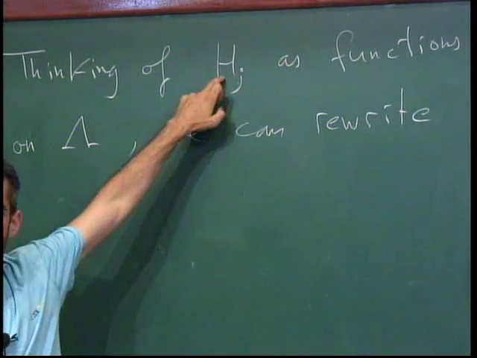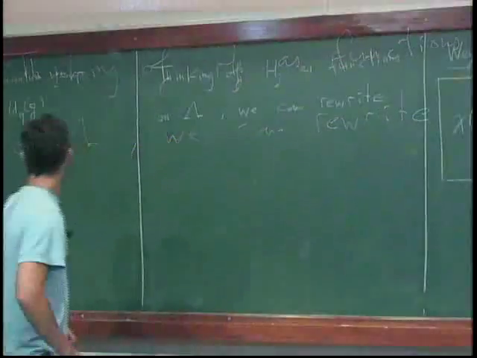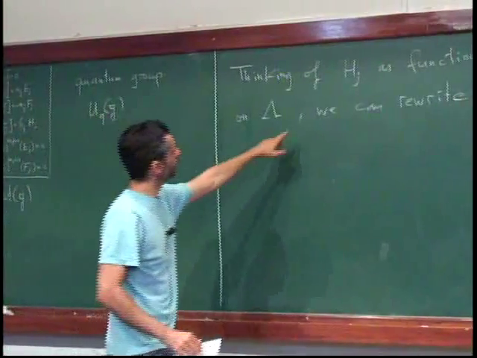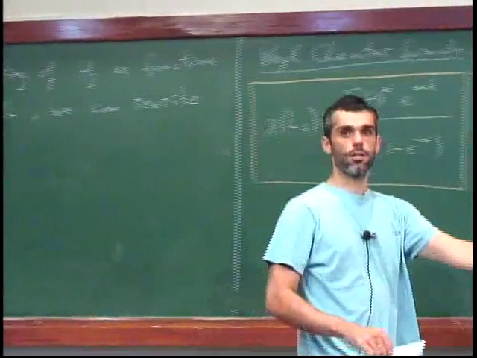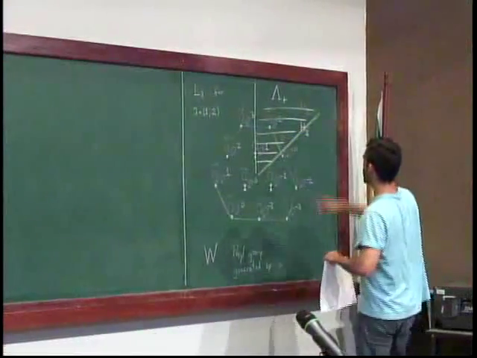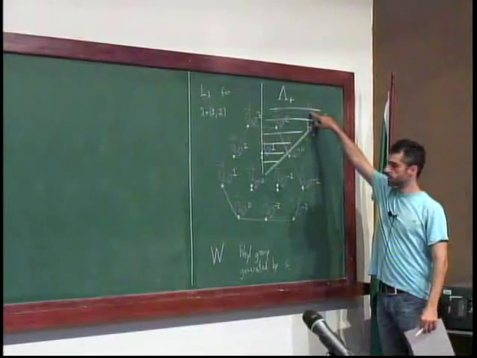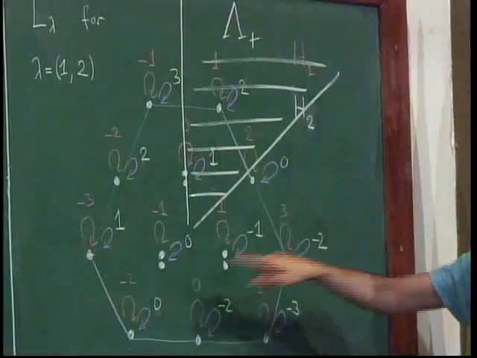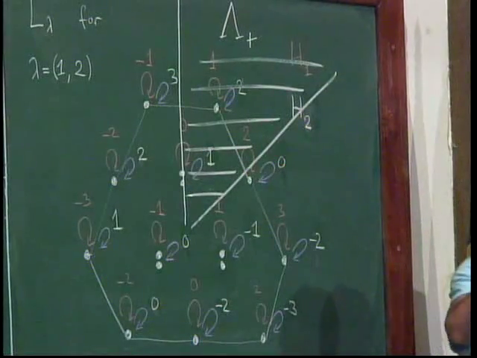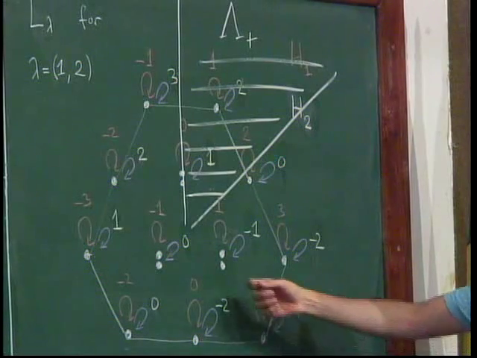So these elements h_j, they're formal elements, but it's useful to think of them as functions on the weight lattice. Look at this picture. How does h_1 act? Each weight space gets mapped to itself by a given number. So that is a function.